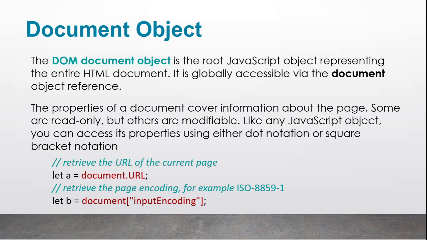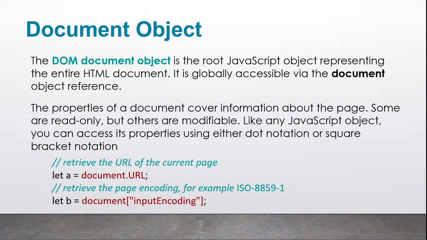And then the properties of the document cover information about that page. So some things you can only reference, but some things you can modify. Okay? So that's all that this page is saying, is that if you want to look at the whole document, you're going to reference the DOM document object.